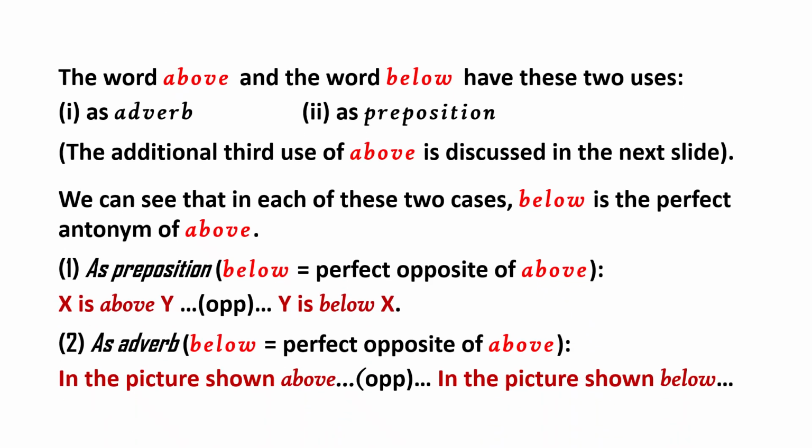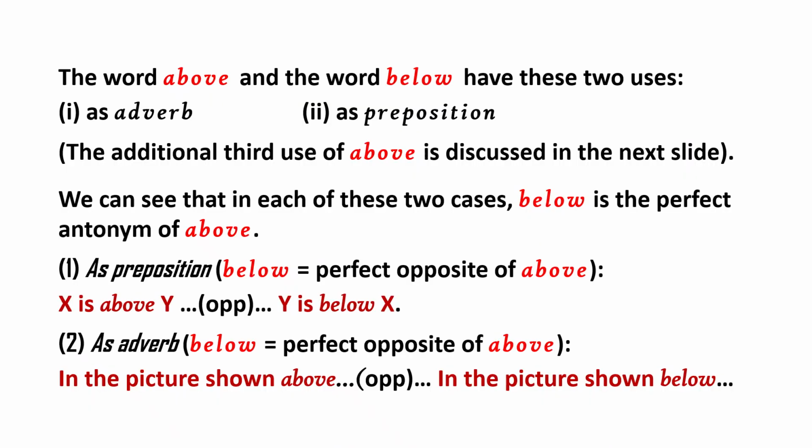The word above and the word below have these two uses as adverb and as preposition. The additional third use of above is discussed in the next slide. So in this slide, we will discuss the two uses of above and below. And in each of these cases, below is a perfect antonym of above.